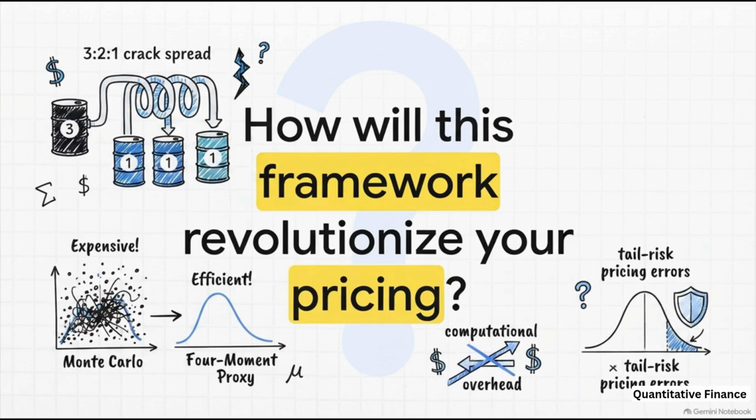We've seen how restructuring the math to a probability-first format, and then rigorously applying a 4-moment signed proxy can tame even a wild empirical trade like the 3-2-1 crack spread. It slashes your computational overhead while simultaneously protecting you from tail risk pricing errors. Think about where you're currently burning valuable compute time on simulations and ask yourself, could a 4-moment proxy do it faster and just as accurately?